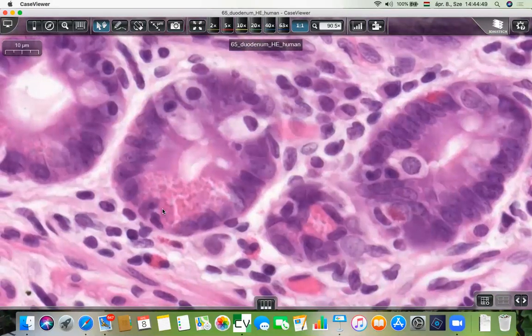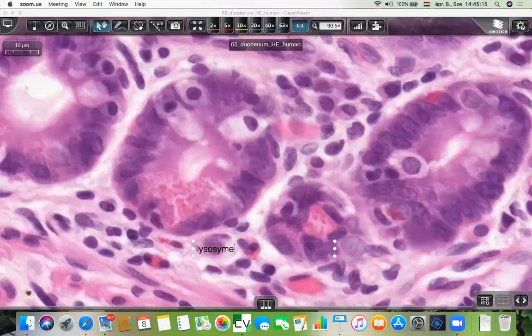So these cells represent these pinkish granules inside. These are lysosome granules. So lysosome is an antibacterial substance just against the fungi, bacteria, and other bugs in the intestine.